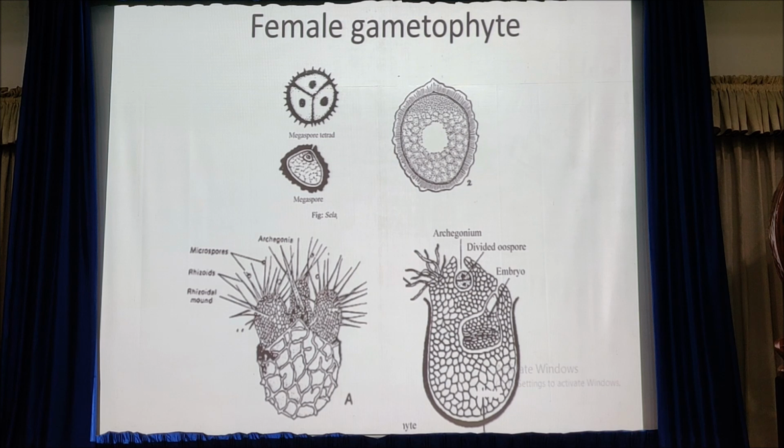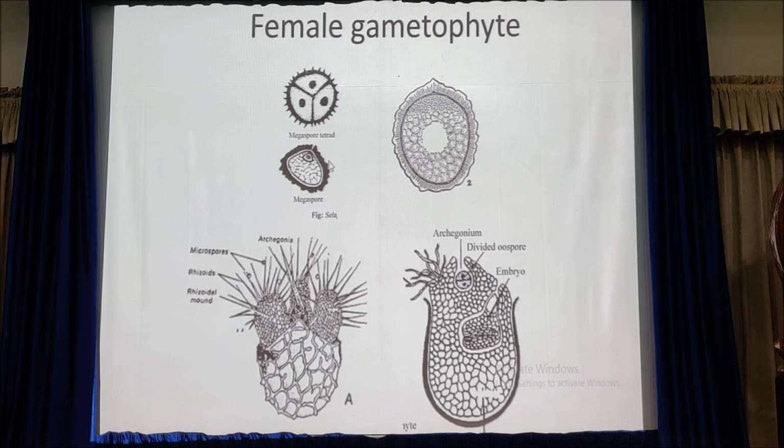Next is the female gametophyte. The megaspore is larger in size when compared to the microspore, and here also the wall is very thick, having 3 layers: outer exine, which is thick and sculptured, middle mesospore and inner intine.